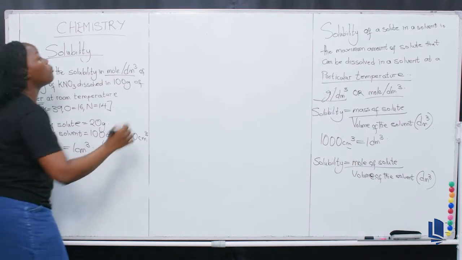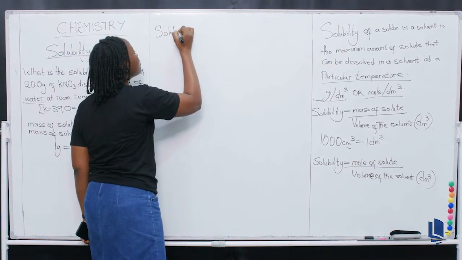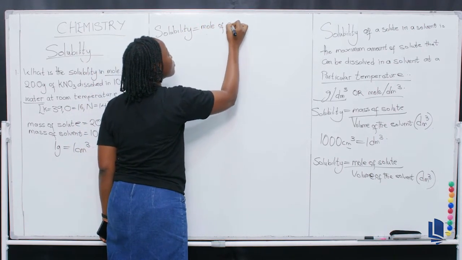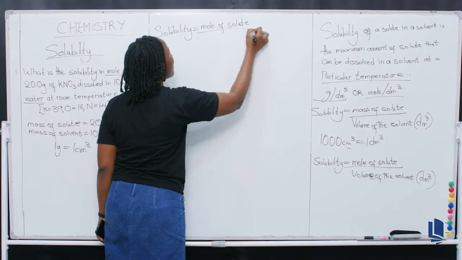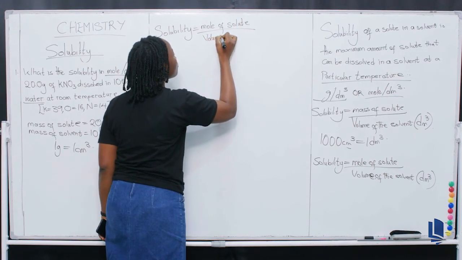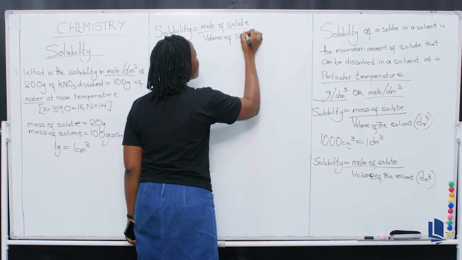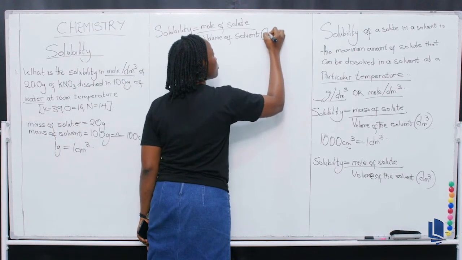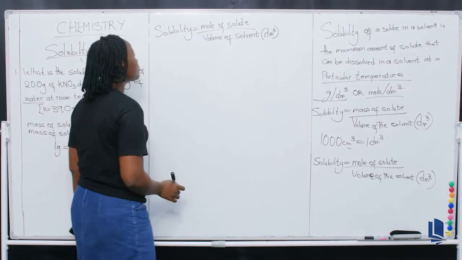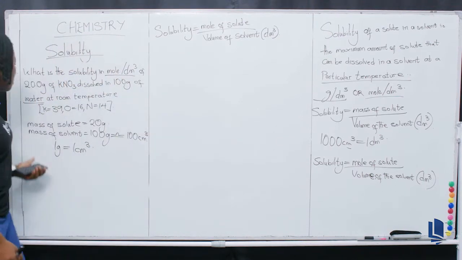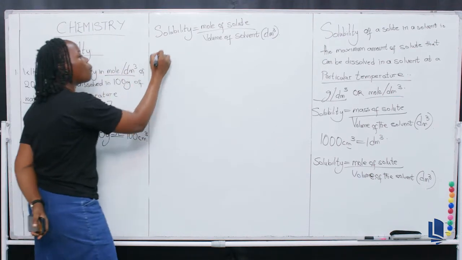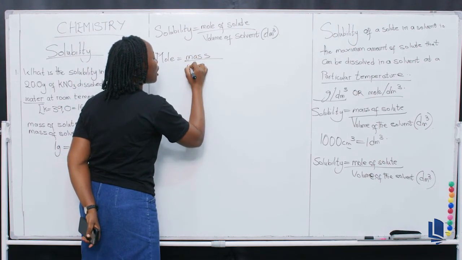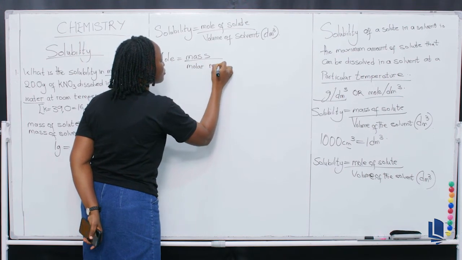And the formula is solubility equals mole of solute divided by volume of solvent in dm cube. But we are given mass and not mole. But we can calculate our mole, since mole is equal to mass over molar mass.